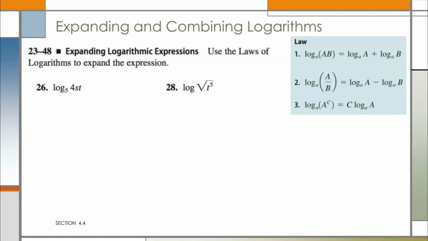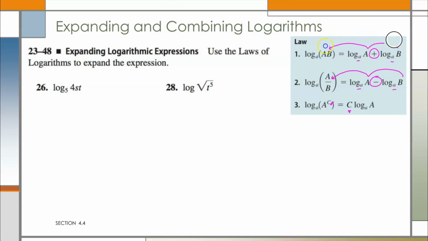If we use the rules from right to left, as long as these are the same base and I'm adding, I can take A and B and bring them together with multiplication. As long as we have the same base and we're subtracting, I can bring these two together with division. If I have a number out front of the logarithm, I can clear that number out front of the logarithm by making it an exponent.